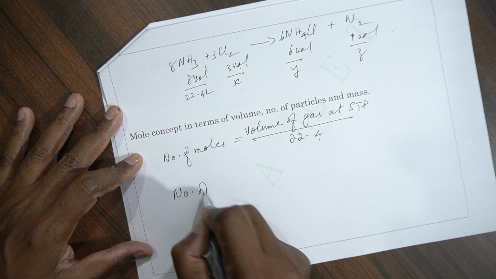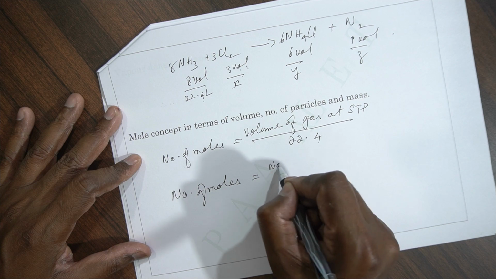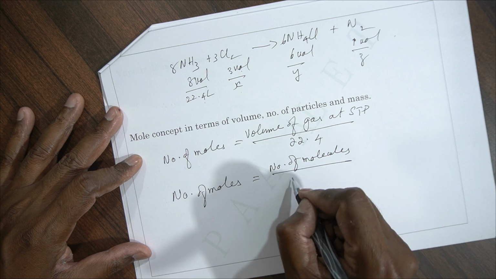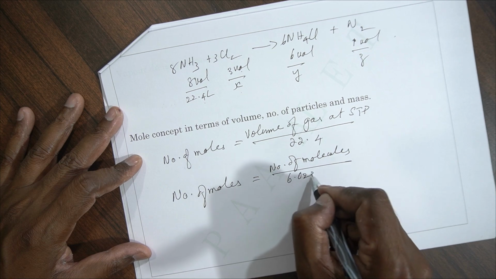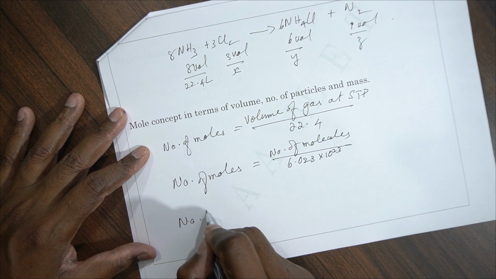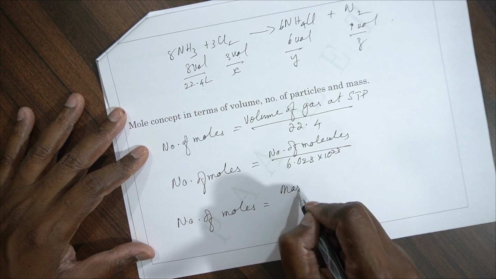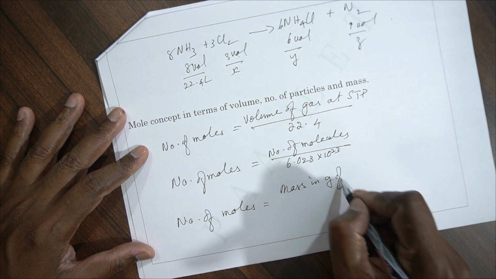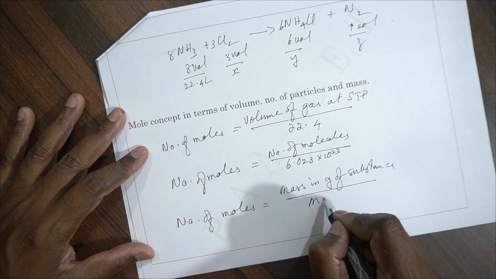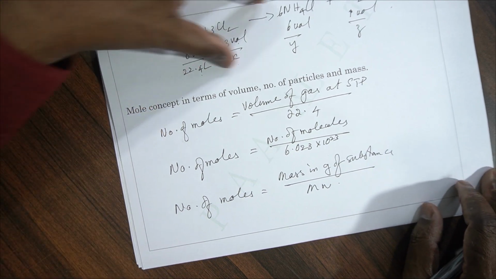Secondly, number of moles is equal to number of molecules divided by 6.023 into 10 to the power 23, Avogadro's number. And thirdly, number of moles is equal to mass in grams of substance divided by molecular mass. Okay, so these are the formulae for calculating number of moles.